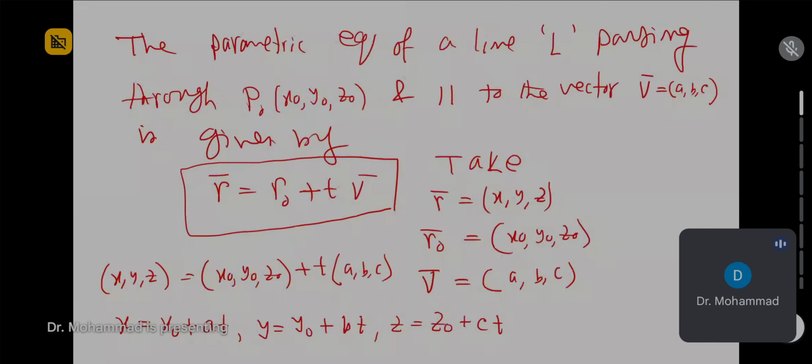In order to determine the parametric equation of a line, we need two things. Basically, we need a point, that is R naught, and also a vector V, and this V must be parallel to the line. So now I would like to summarize.